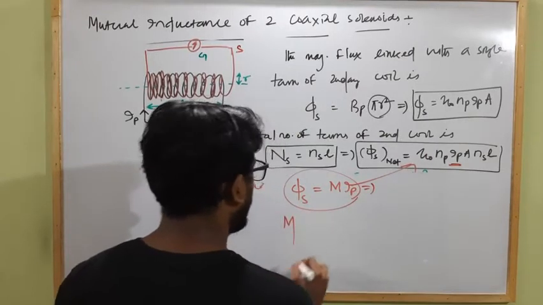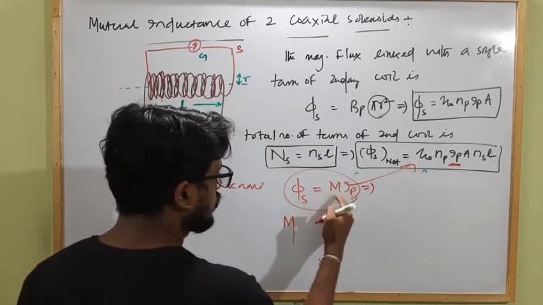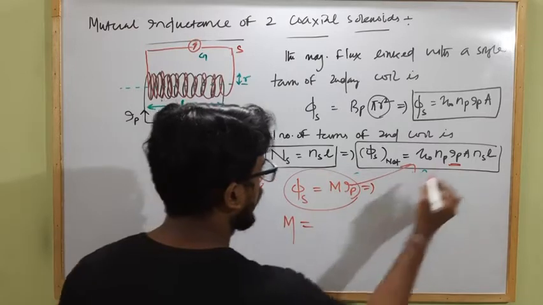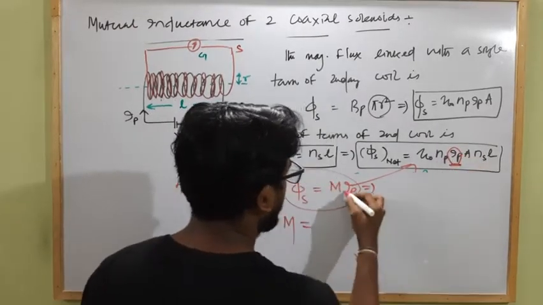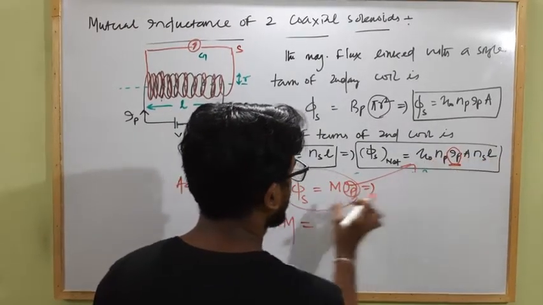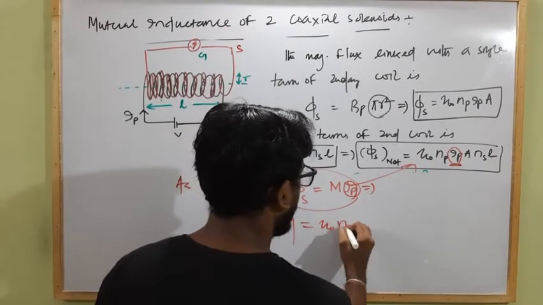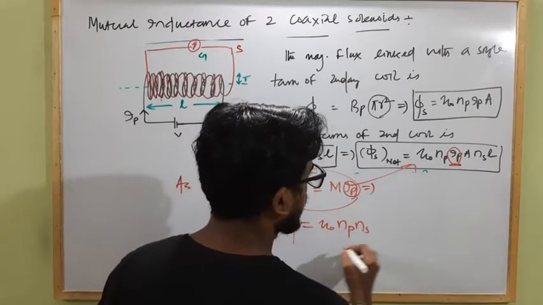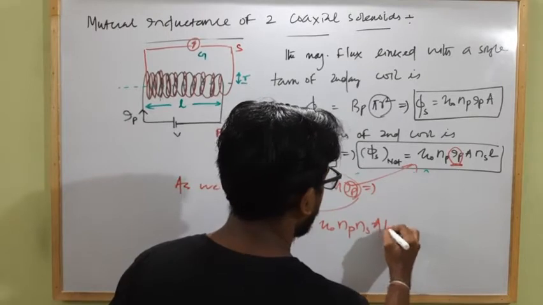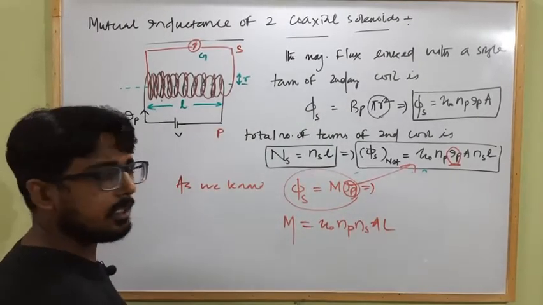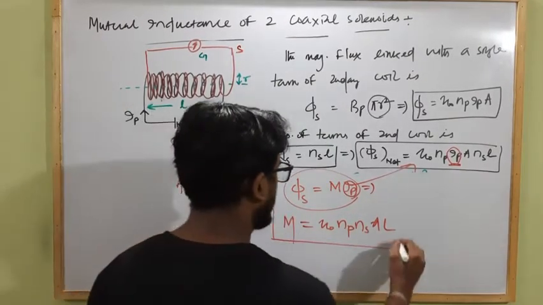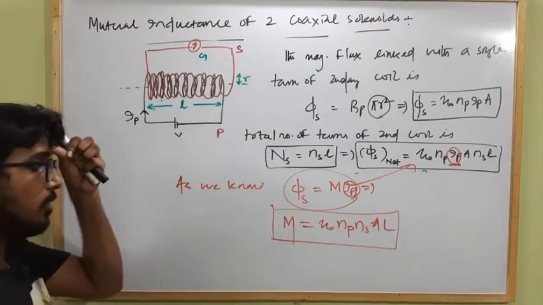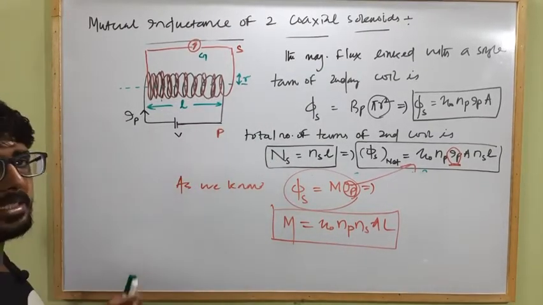The coefficient of mutual inductance M will be equal to how much? IP will be taken common. The remaining portion will be M, that is mu naught NP NS A into L. Clear? This is the coefficient of mutual induction or mutual inductance of two coaxial solenoids.